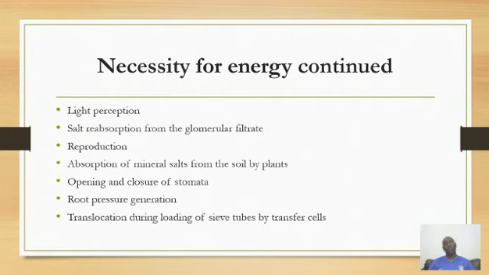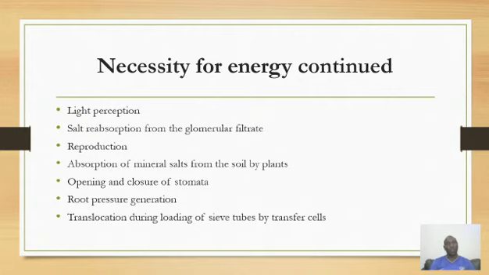Lastly, we also have energy used for translocation. Remember, translocation is the movement of organic substances within the plant. However, energy is needed for loading of the sieve tubes by the transfer cells. Sieve tubes are components of the phloem.